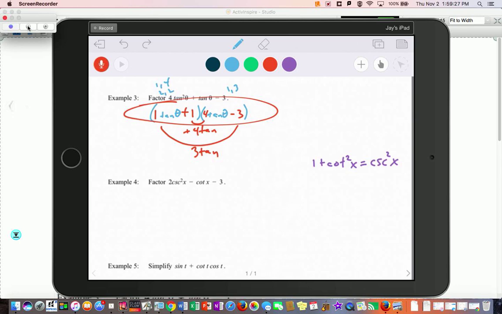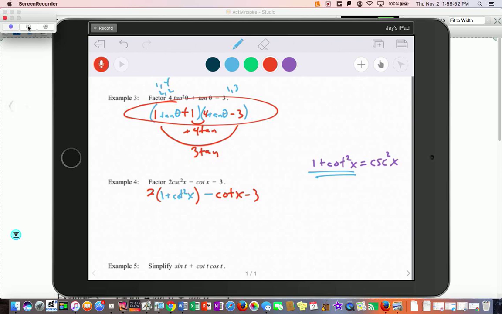So what I can do, though, is I have a cosecant squared and a cotangent. I can bring this over, 1 plus cotangent squared of x. I didn't touch these. Let's make them red. I didn't do anything to these two.